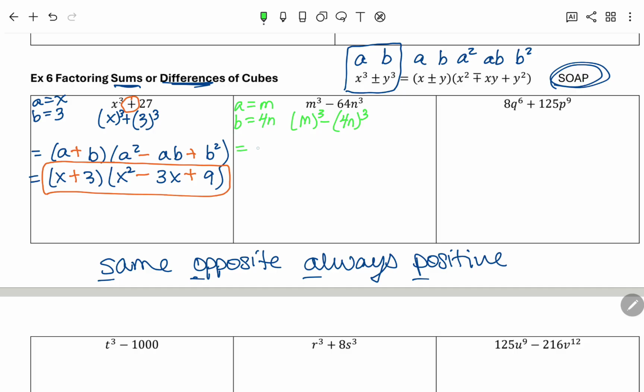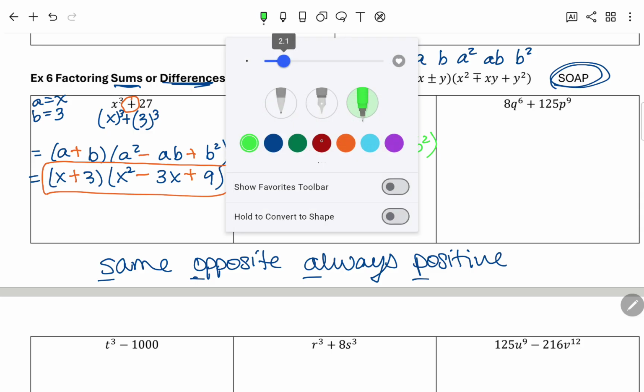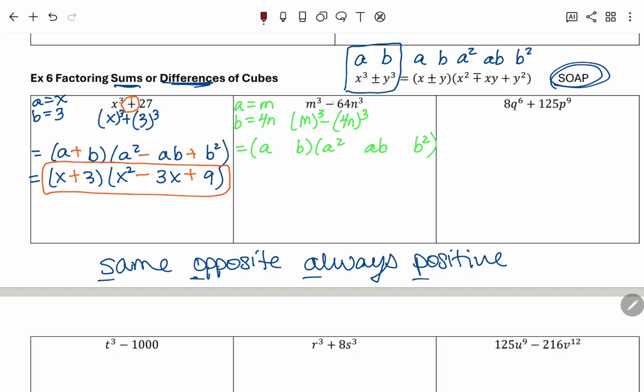So when I ask for A, B, A squared, A, B, B squared, we can also fill in our signs, right? Because we talked about those. This problem is subtraction. So when it says same, I need to put subtraction. When it says opposite, I need to put addition. And then always positive.